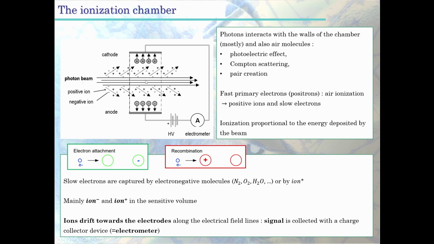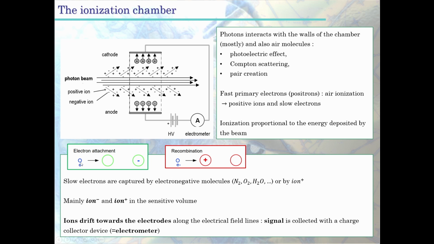And you will produce primary electrons that are fast particles. And along those fast electrons, you will have ionization, and you will produce mostly positive ions and slow electrons. Good. And you expect the ionization to be proportional to the energy deposited by the beam in the enclosure here.